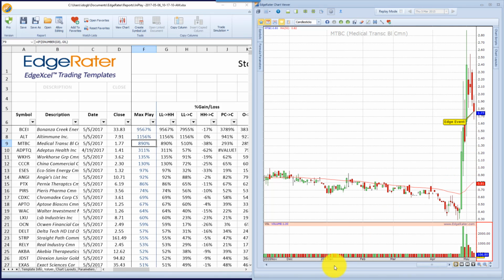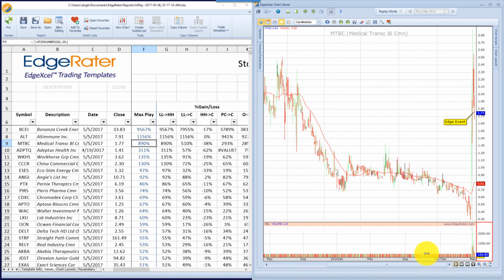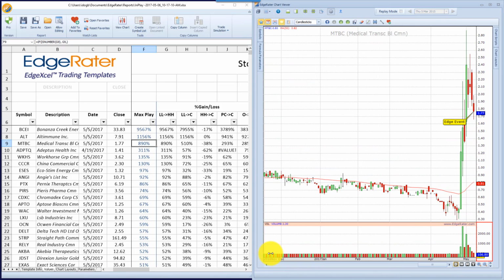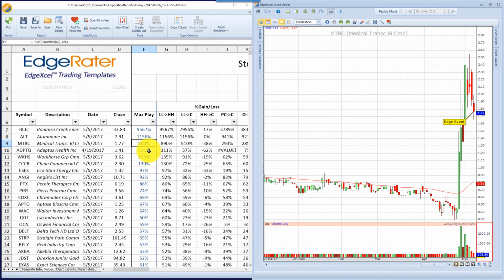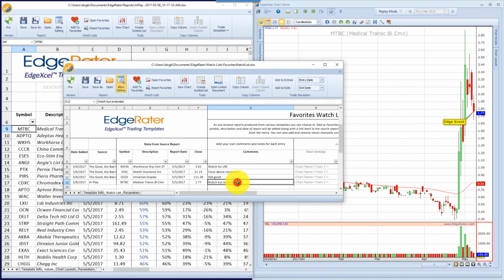Let's roll this chart back a bit. Okay, so it may be worth watching, but it does seem a little extended. So I'll add it to the favorites, and I'll say watch, but extended, and save that.